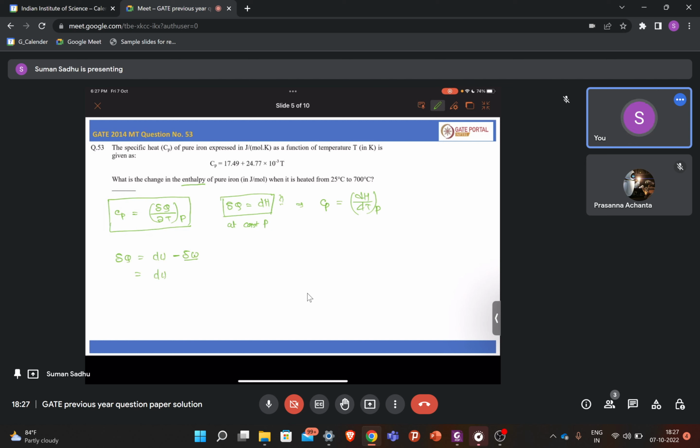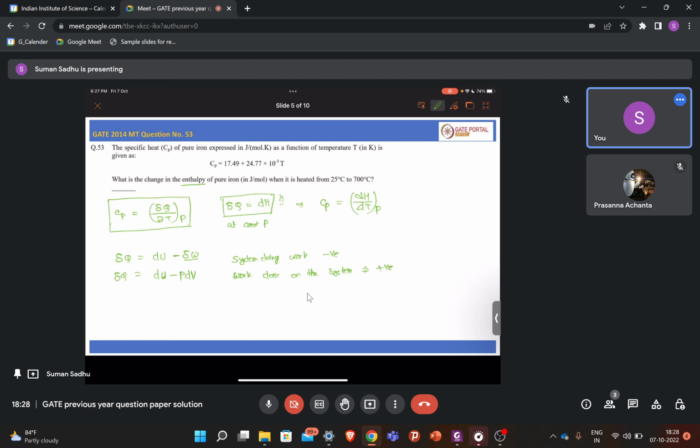So dU minus PdV. If the system is doing some work, then it is negative, and if work is done on the system, then it is positive.